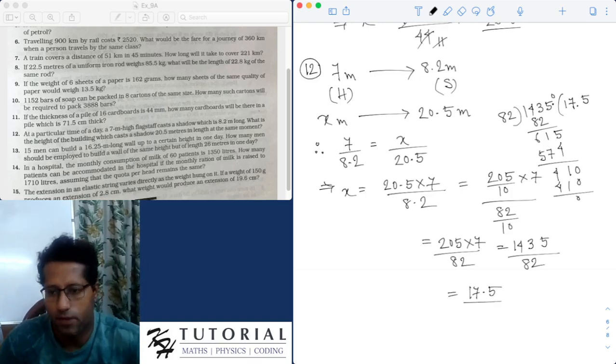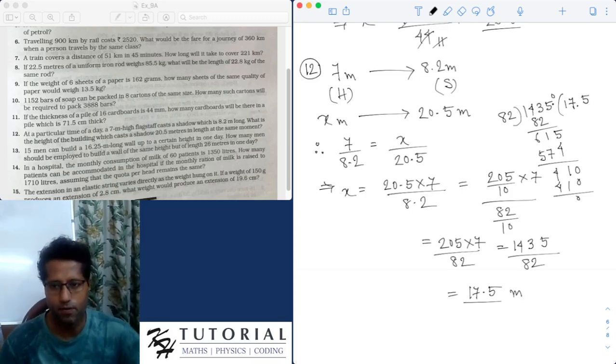So the answer is 17.5 meter. The height of the building will be 17.5 meter.